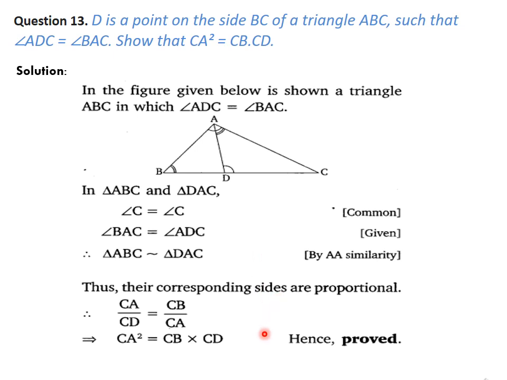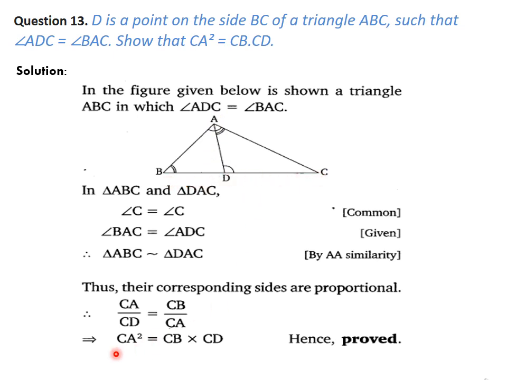Now it is a very important thing to keep in mind how to find out the triangles which we have to prove to be similar to get any proportional relation like that. So we have to focus on the end result. Here we have the sides CA, CB and CD. CA is right over here, CB is here and CD is here.